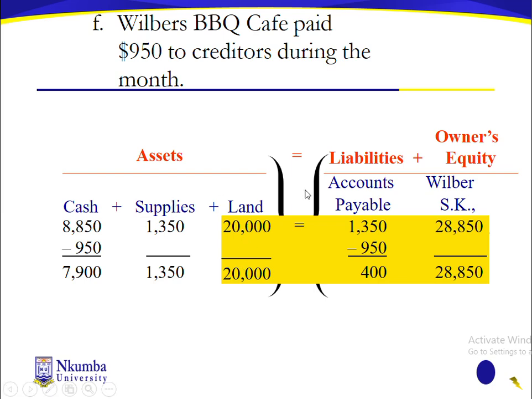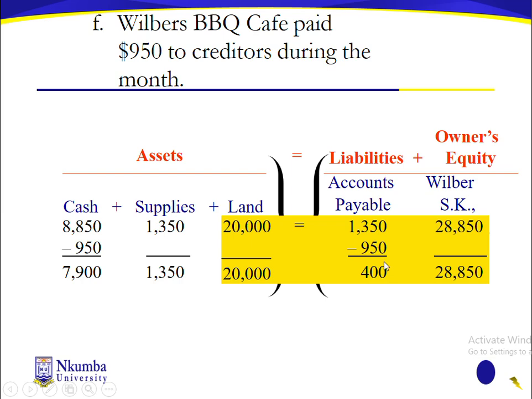Then if we have another transaction that says Wilber's Barbecue paid $950 US to creditors during the month, then we ask, who is the creditor? That is a creditor who had supplies. So wherever we pay the creditor, we reduce cash, but also we reduce the what?